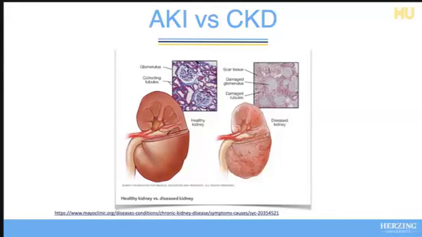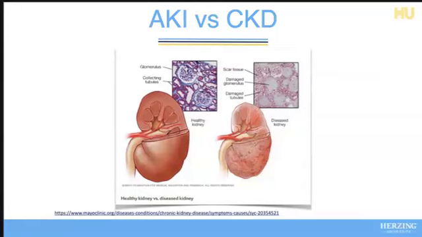So the increased renin-angiotensin-aldosterone system, or RAS, activity plays a central role in the pathogenesis of hypertension and chronic kidney disease. As kidney function declines, there's a decrease in renal blood flow and perfusion, and this is what triggers the release of renin from the juxtaglomerular cells in the kidneys.